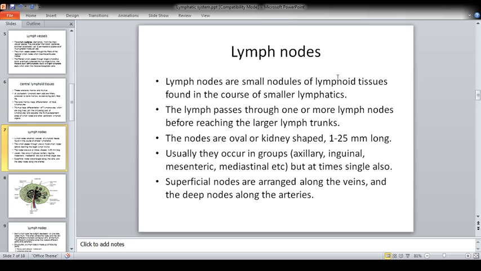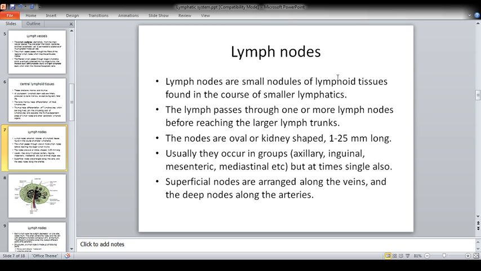Lymph nodes. The lymph nodes are small checkpoints that are present on the lymphatic vessels. So minute lymphatic vessels would originate from the intercellular spaces, and they would then combine together to form larger vessels. These vessels would then have to pass through these checkpoints, which are the lymph nodes, which are small nodules of lymphoid tissue that are found in the course of small lymphatics.